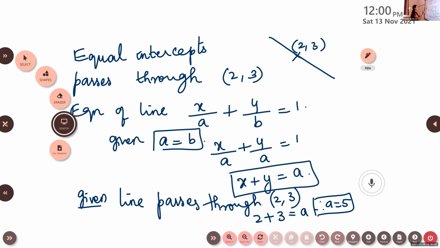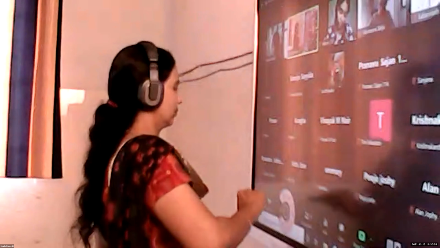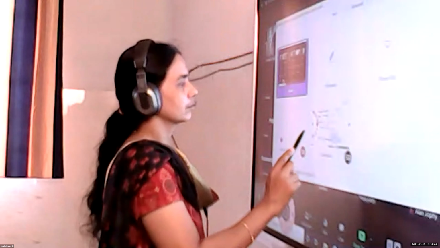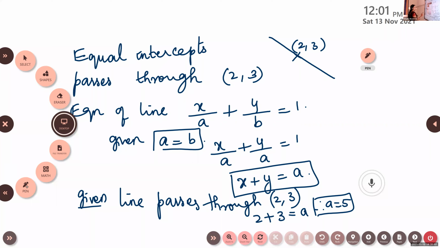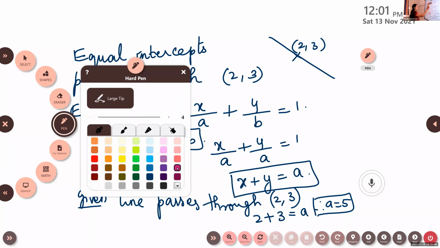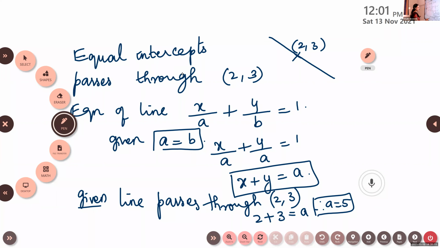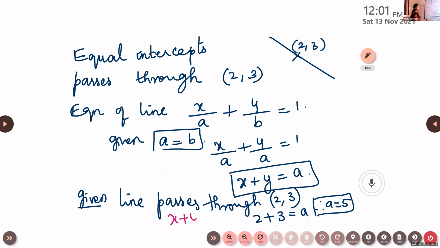What is your answer? x plus y minus 5 is equal to 0.